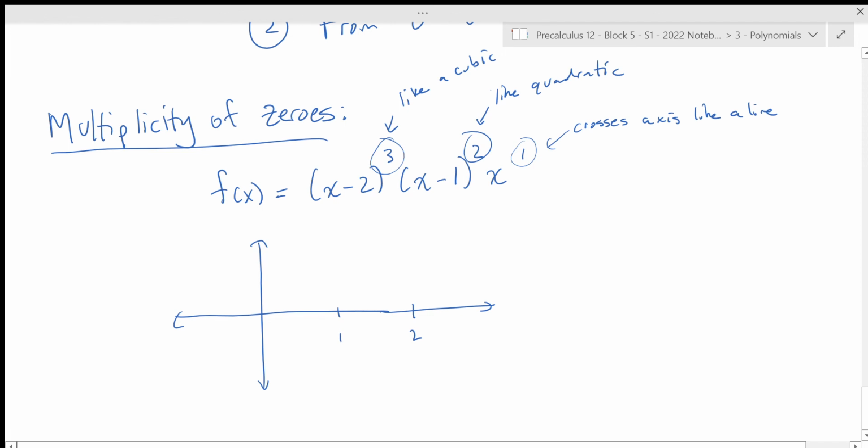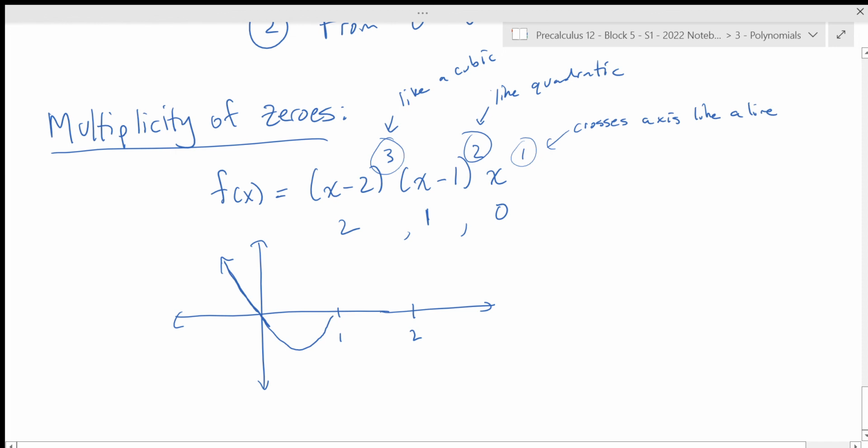So that means we're going to cross the x-axis here. We just go straight through. This is our x equals 0 x-intercept. This is our x equals 1 x-intercept, and this is our x equals 2 x-intercept. So at the x equals 0 x-intercept, we just go straight through.